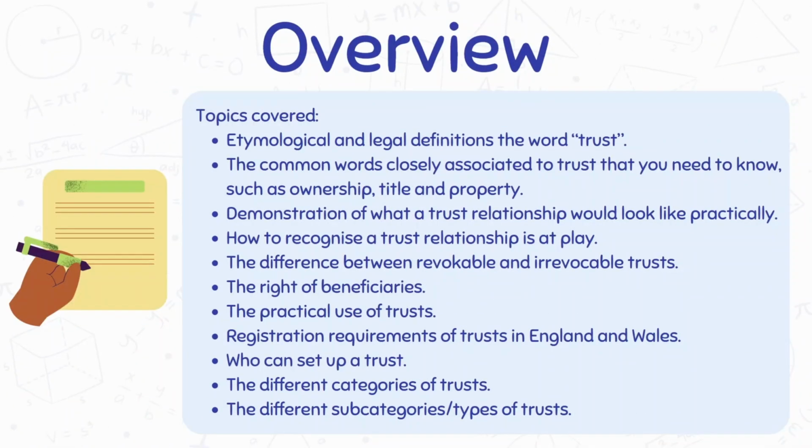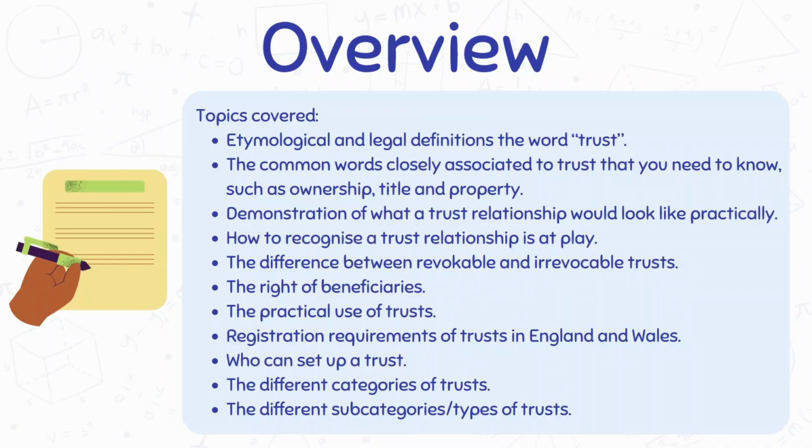Okay, so we have gone through loads of groundwork in this presentation. So we have covered the etymological and legal definitions of the word trust, the common words closely associated to trust that you do need to know, for example, ownership, title, and property. We've demonstrated what a trust relationship would look like practically.